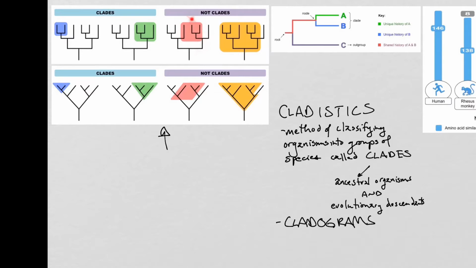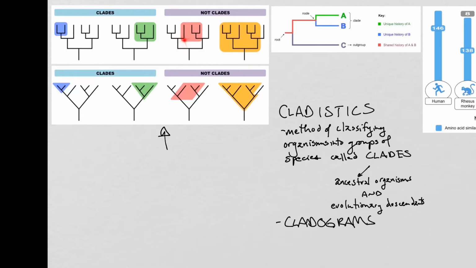This is not a clade right here because this clade does not include this group of organisms over here, which are the descendants of this organism right here. And so this can't be a clade. It includes this over here.